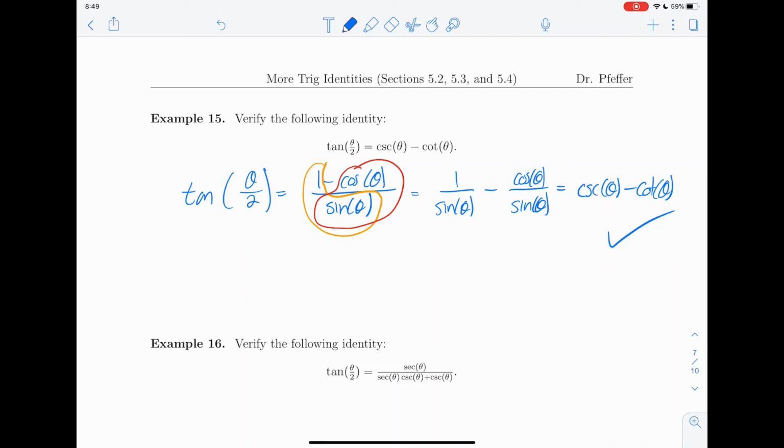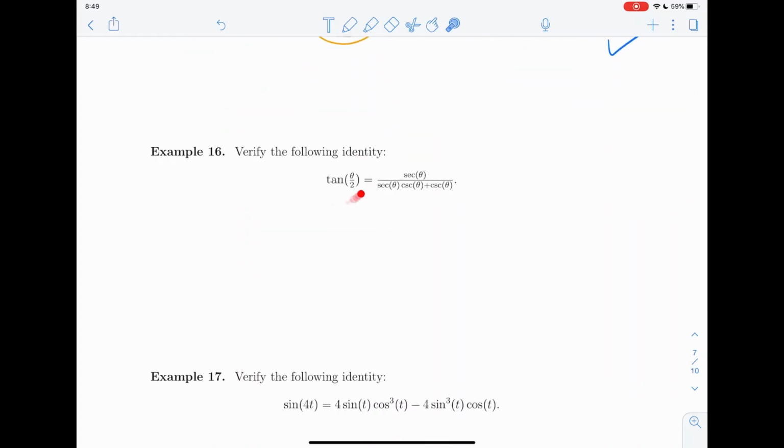While we're on the tangent of theta over 2 train, let's even get more creative with it. Here we have the same thing, tangent of theta over 2, but now the right side is way more complicated. Since it's so complicated, maybe I'll start with that when I try to verify my trig identity. So we're going to take the right-hand side, which is the secant of theta over secant of theta cosecant of theta, plus cosecant of theta.